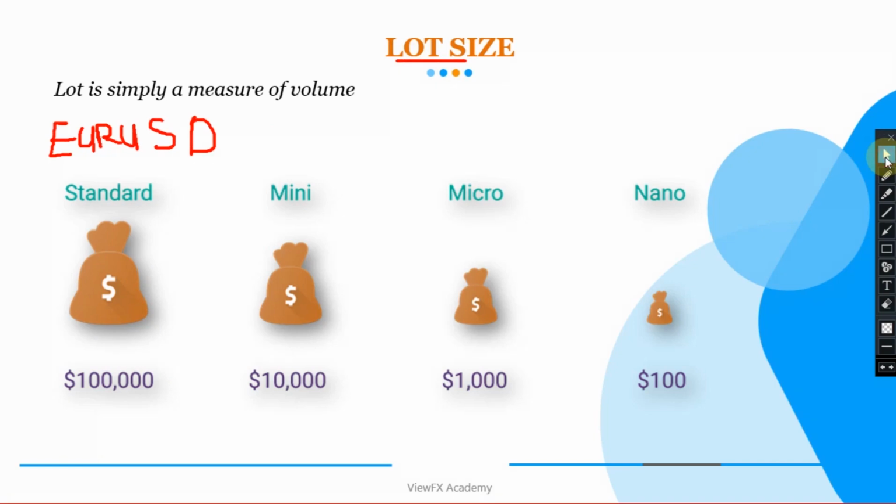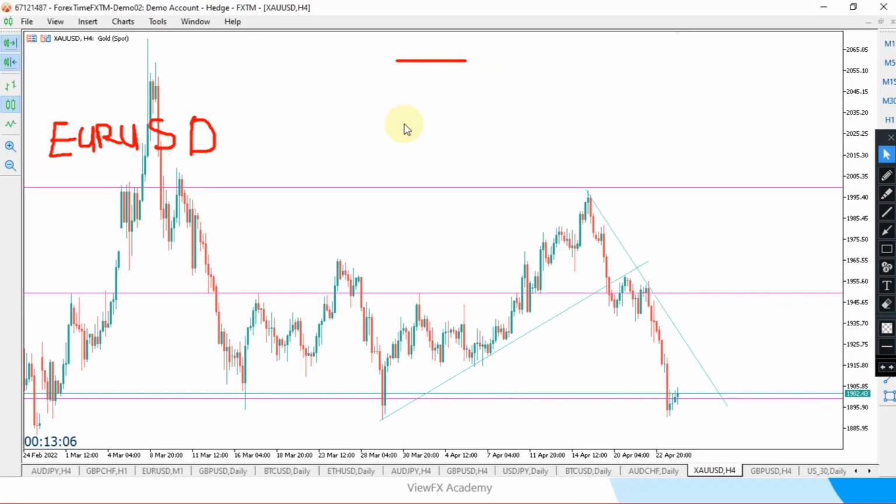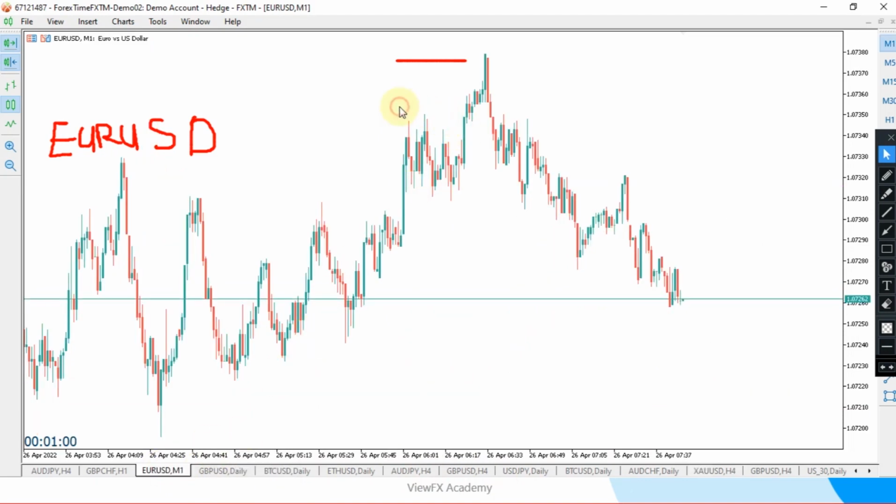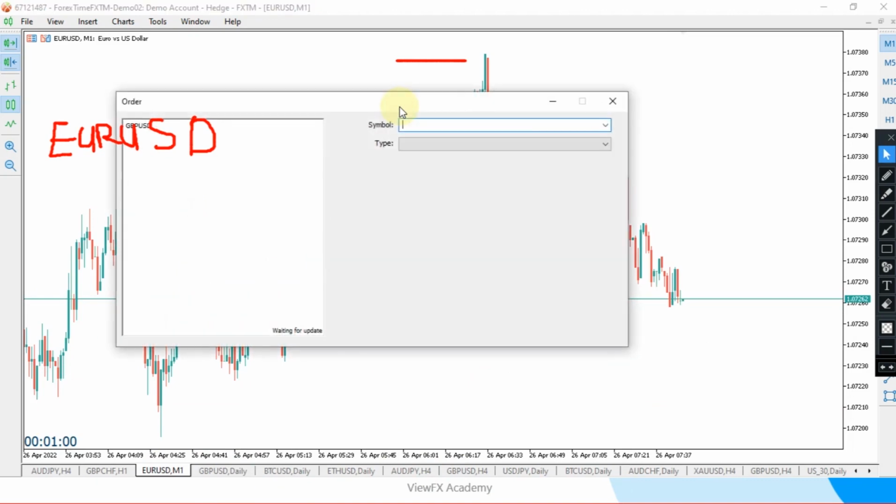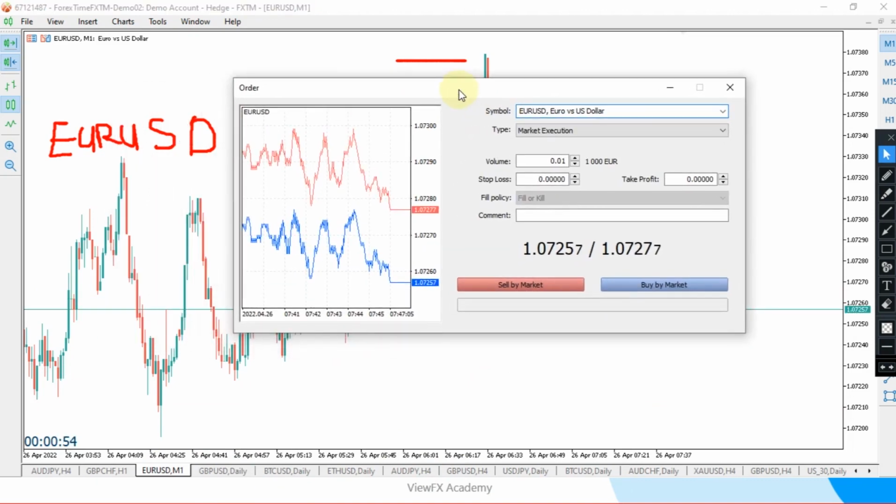Let me show you what I mean. This is the trading app, and if I want to place a trade, I'll press F9 on my keyboard. Then you see this volume here. This is what we're talking about.